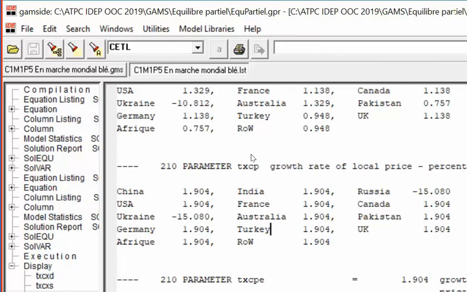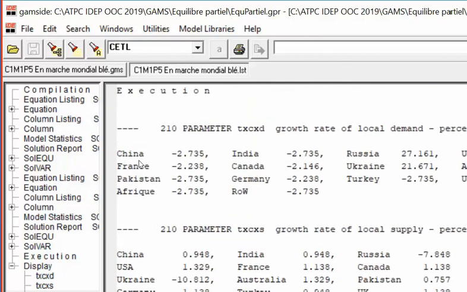This is because with export taxation in these two countries, farmers now want to sell more on the local market and sell less as exports, and so on the local market there is more supply, and so there is a decrease in the local price, and so from that you can understand how consumption and production vary.